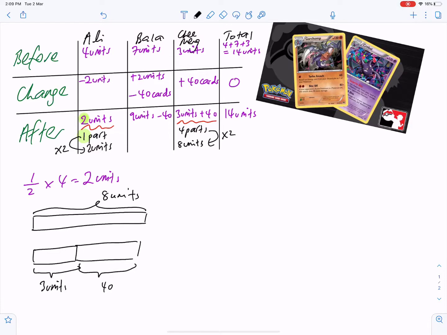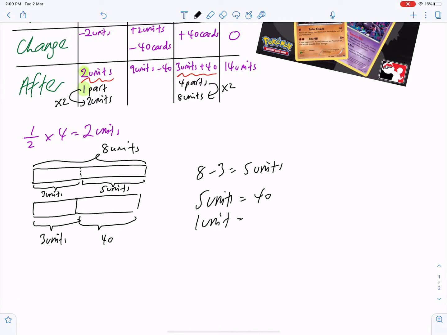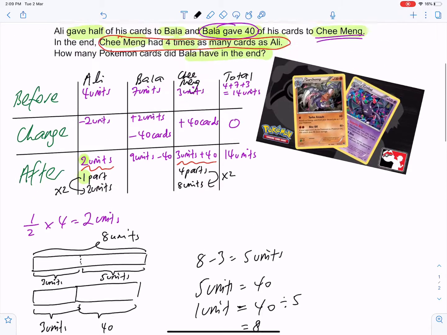If I draw a dotted box there, this is going to be 3 units as well. This remaining part is 8 minus 3, which is 5 units. And that 5 units is equal to 40. We can find 1 unit equals 40 divided by 5. That is 8. That's the value of 1 unit.